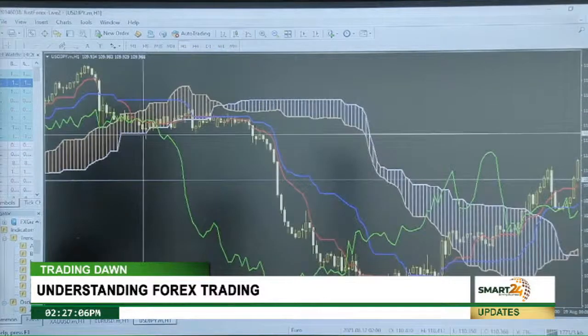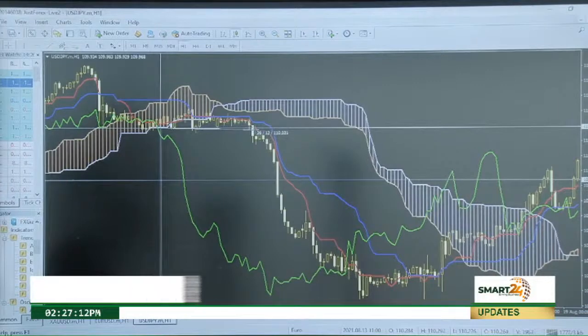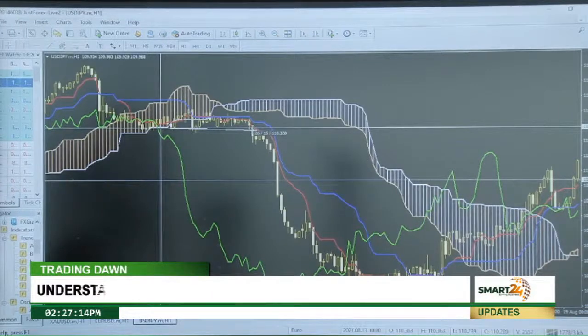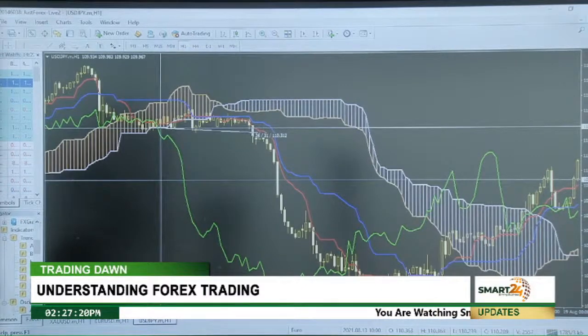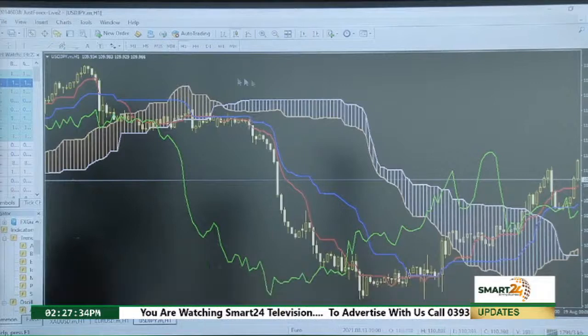So here where it crosses below the price, you can look at the 26 periods. This is why we have the 26 periods, where you have this signal here to enter. At this point, you can clearly see that it has gone below the price, clearly below the cloud, and already we have this formation there.